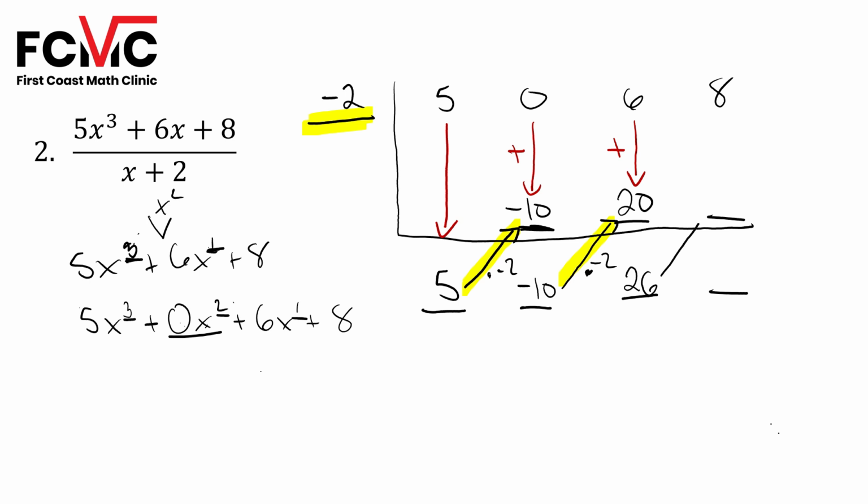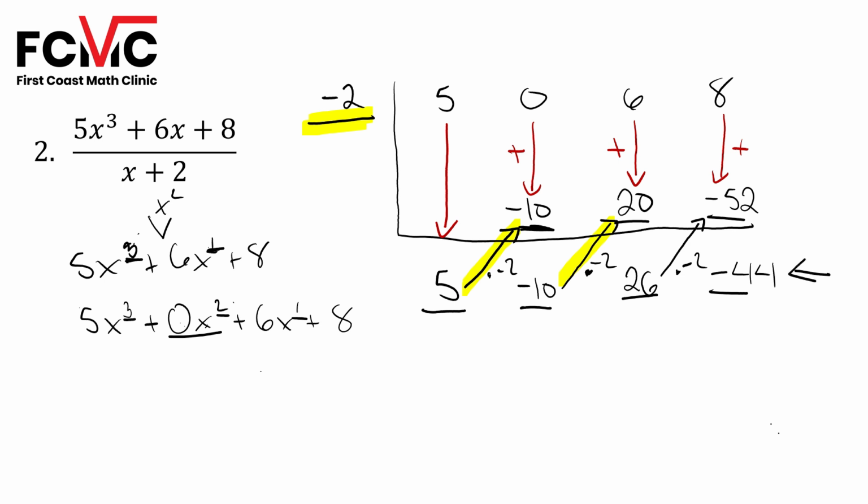We're going to bring that 26 up, multiply it by -2. We're going to get -52. Now we're going to bring that 8 down, add it. -52 plus 8 gives us -44.